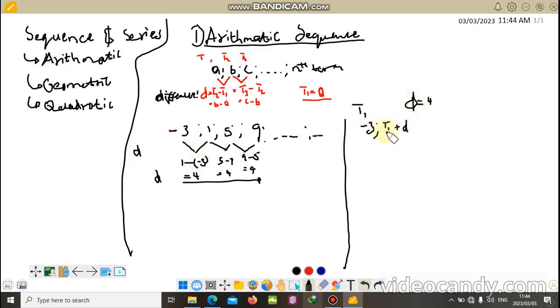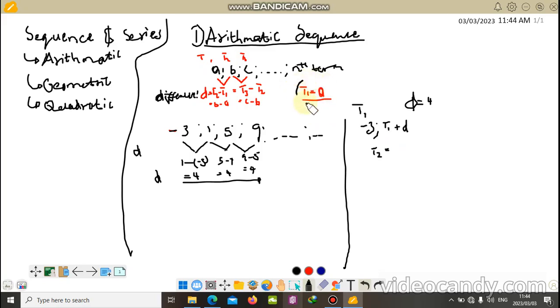So term 2 is going to be what? T2 is going to be T1 plus the common difference. T1 is A, because it is the first term, right?